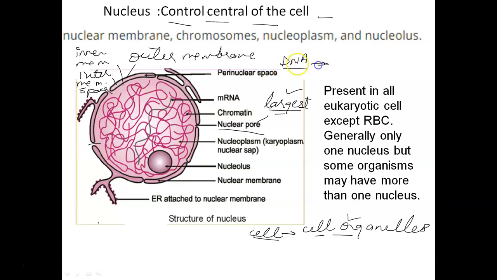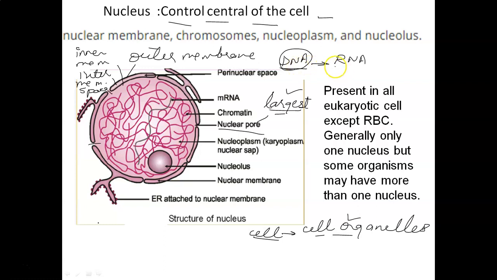DNA, deoxyribonucleic acid, is the genetic material in all living organisms except viruses. And of course, the virus is not a living organism at all. It is a link between living and non-living, right? So in all living organisms, DNA is the genetic material.